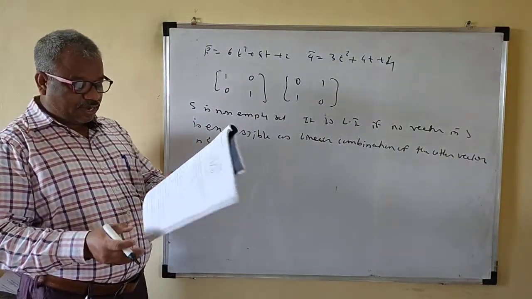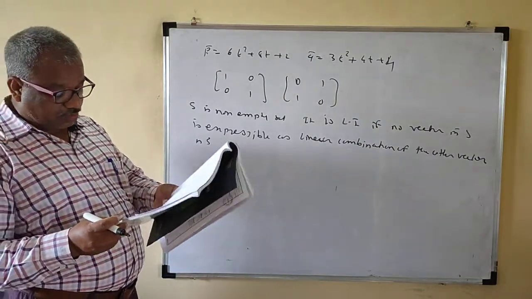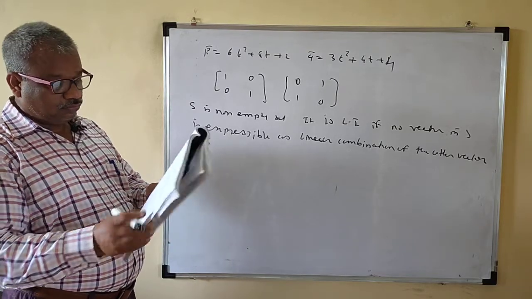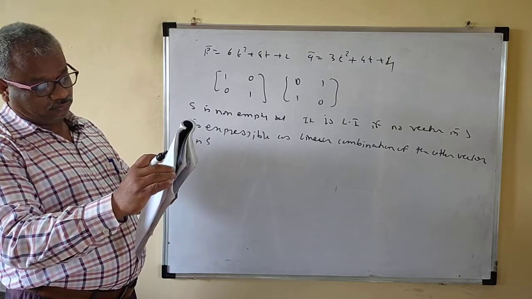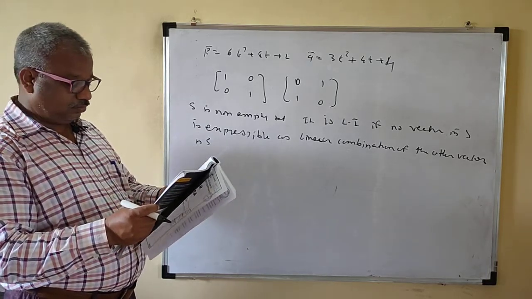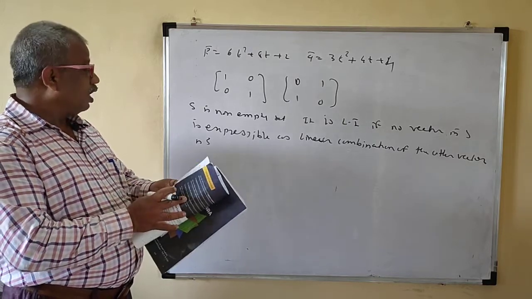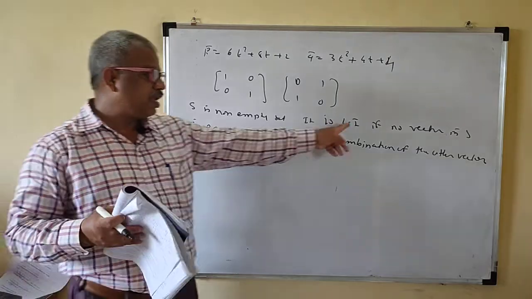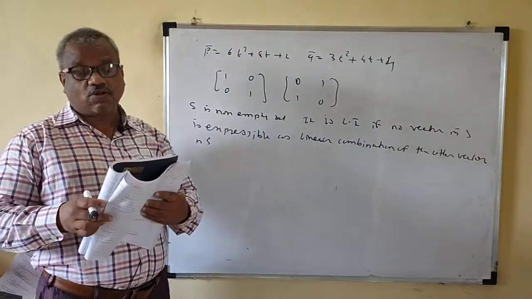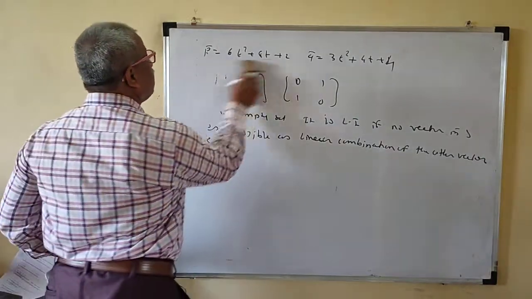So S is linearly independent if and only if no vector in S is expressible as a linear combination of the rest of the vectors in S, and S is linearly dependent if at least one vector in S is expressed as a linear combination of the other vectors in S.